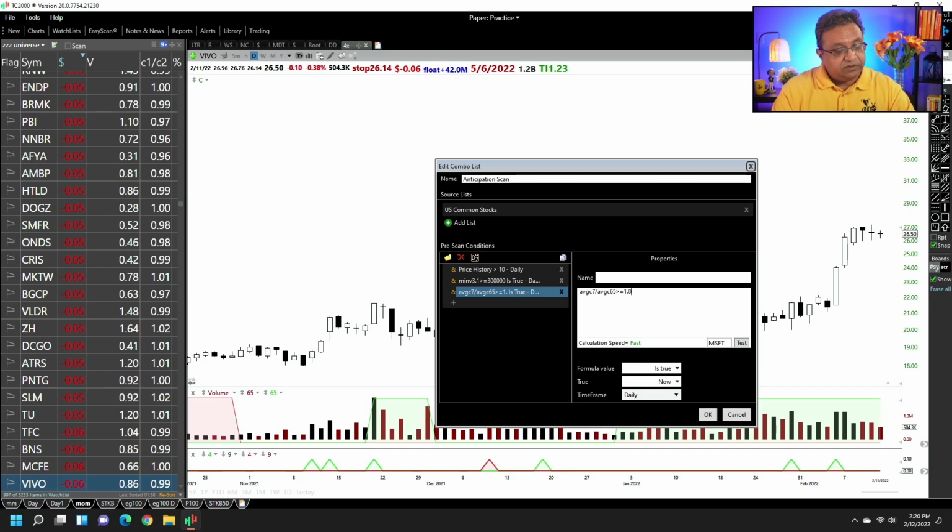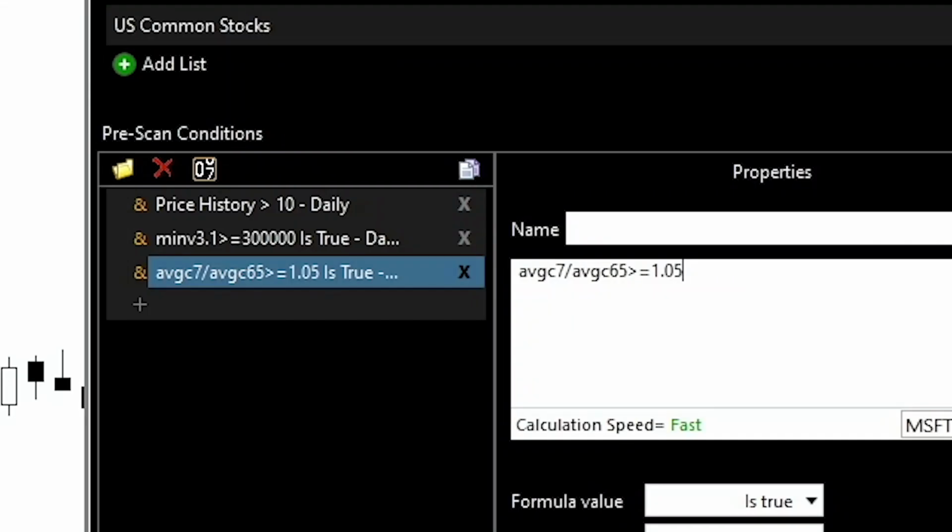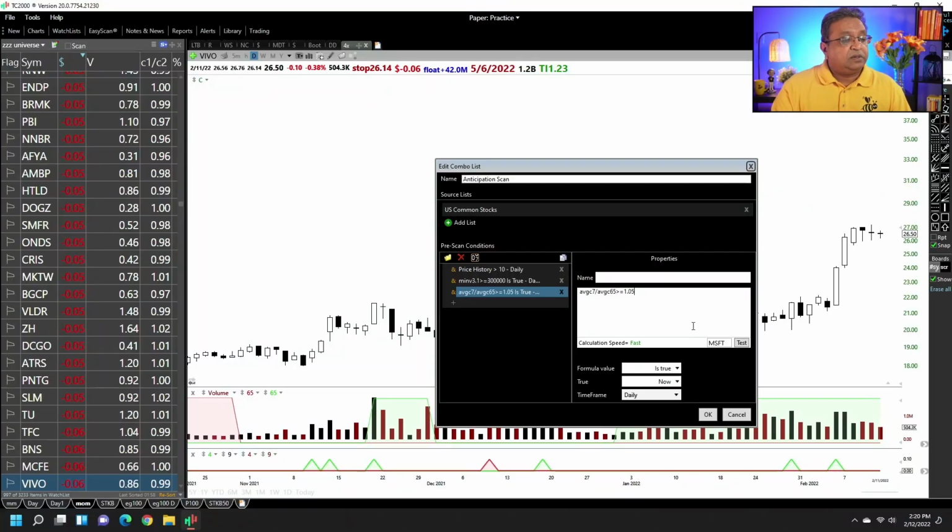What this tells you is that this stock in absolute terms has momentum. Now you are selecting stocks with momentum. You selected stocks which are priced above $10, stocks with volume above 300,000, and stocks with momentum. But in order to find a stock which is undergoing a consolidation of 2 to 3 days, you want to look for a stock which is not up or down much.